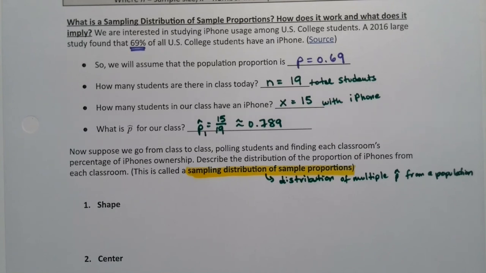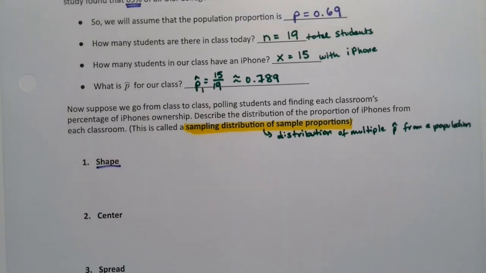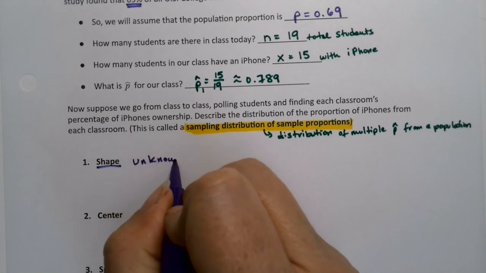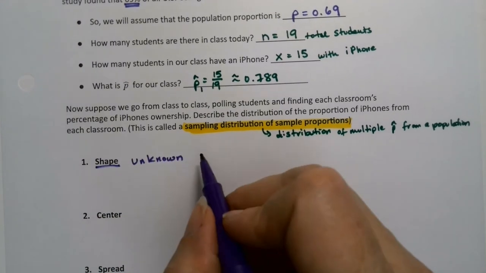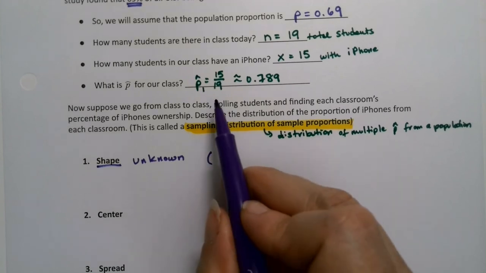Now, what are some things we will know? Well, the shape. We want to know the shape, but the shape is actually unknown at this point. We know it's going to be normal, but we don't know that we have enough yet. Matter of fact, I'm positive we don't have enough with 19 of us.